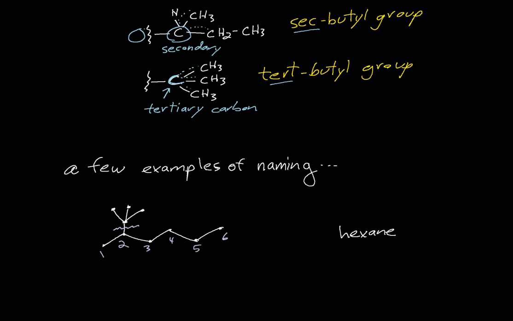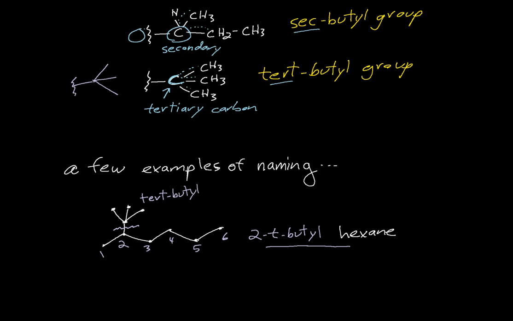And this group we see right above here, since we're able to quickly interpret line structures from more fully drawn out ones, is a tert-butyl group. So this is 2-tert-butyl, or t-butyl, which you often see written like that, hexane. 2-t-butylhexane, 2-tert-butylhexane fully describes the structure of this molecule.